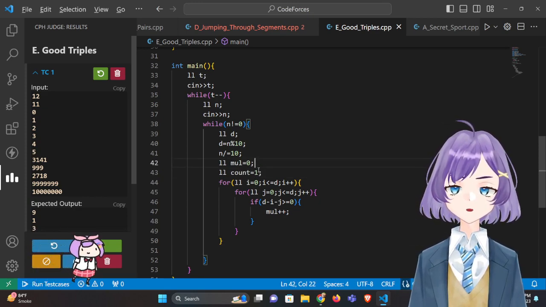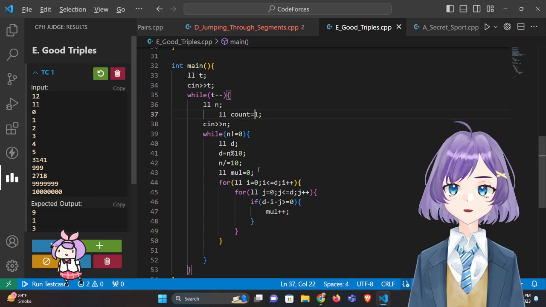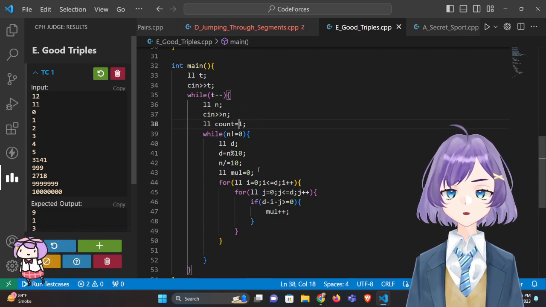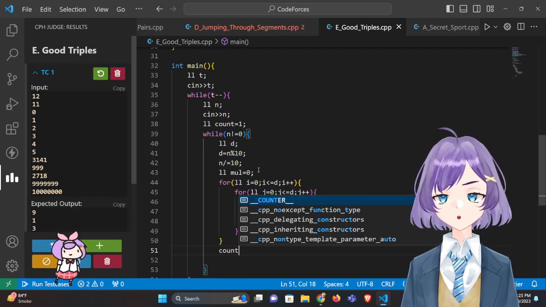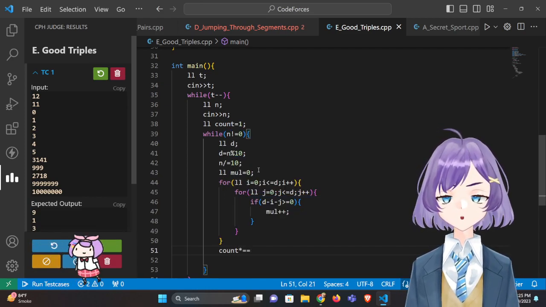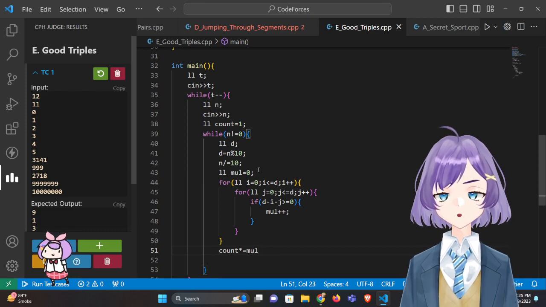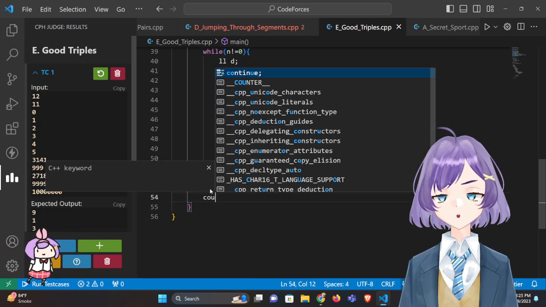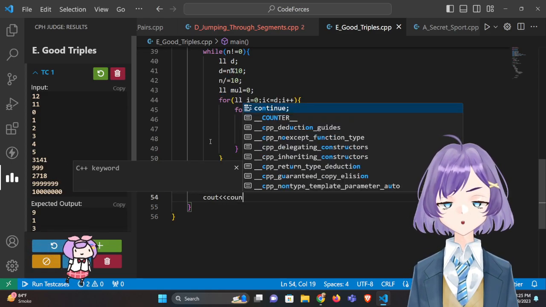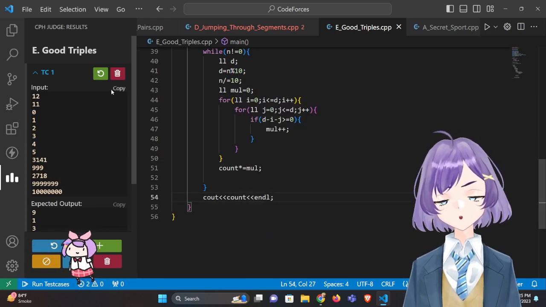And this mul, count should be above. Count multiply equals to mul. And finally, we have count and l.